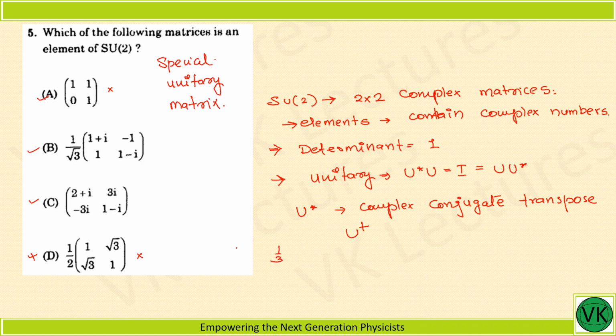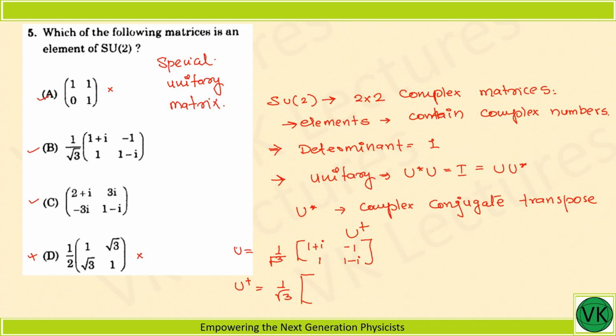So that's 1 by root 3, that is the matrix. Let us take the matrix as U equal to 1 by root 3 times [1 plus i, minus 1; 1, 1 minus i], and U dagger or U star will be 1 by root 3 times the complex conjugate.